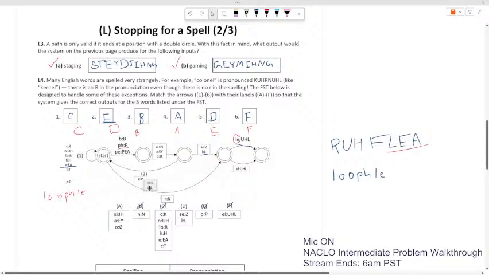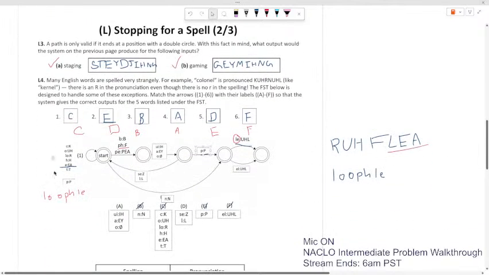So go C, D, oops, C, D, B is B, A is A for 4, E is 5 here. And then F is F. Okay.